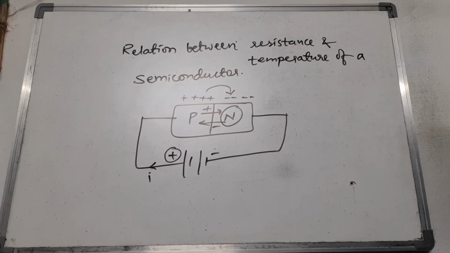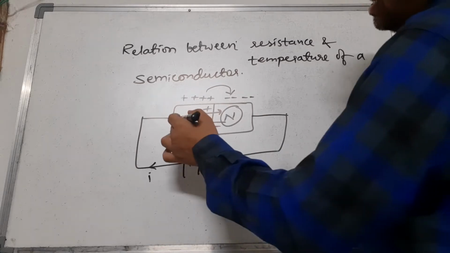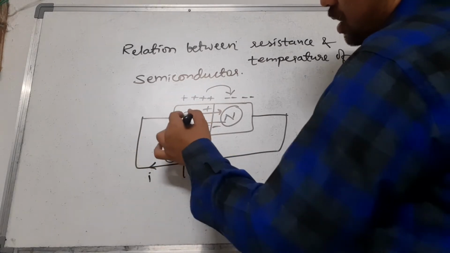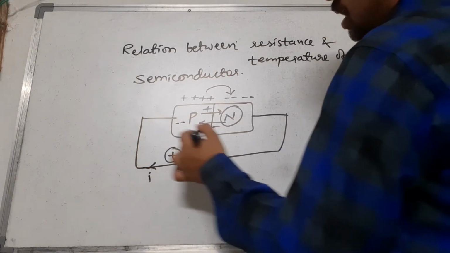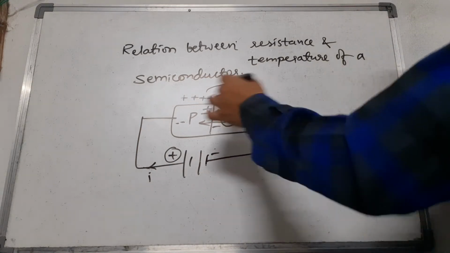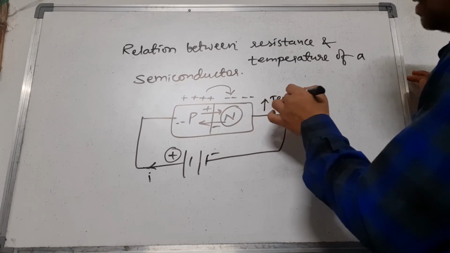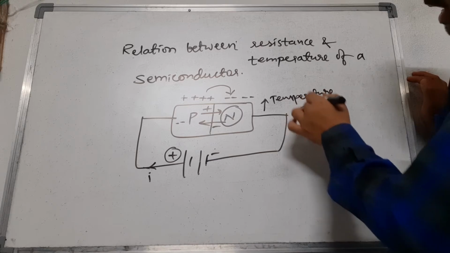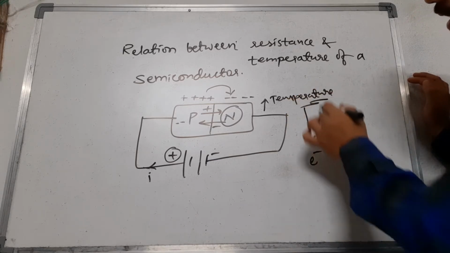When positive and negative charges recombine, the negative charges are again attracted by the positive charge. So excess negative charges come into the positive side and excess positive charges come into the negative side. During this process, if the temperature is increased, electrons absorb this heat energy.